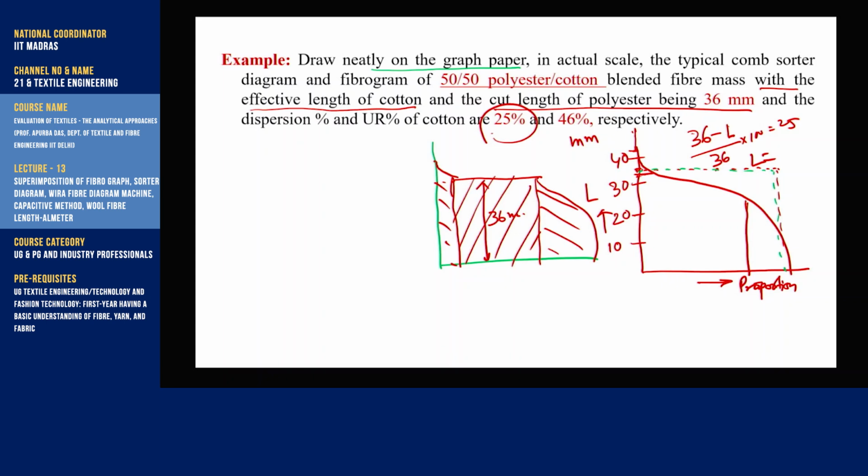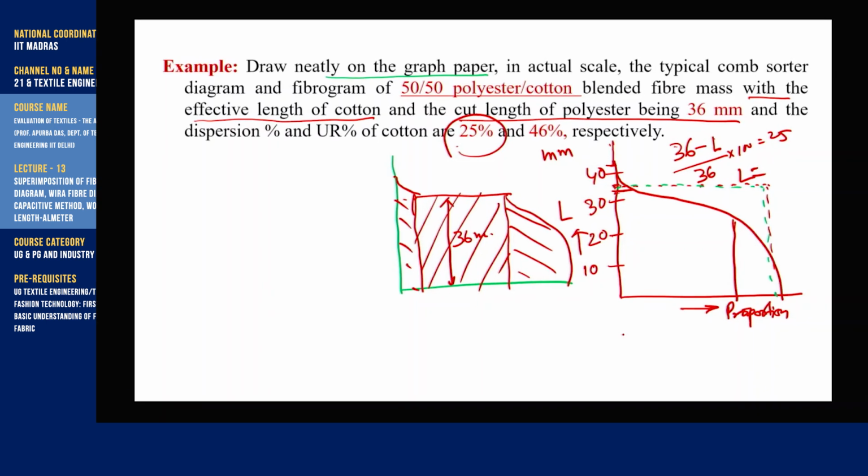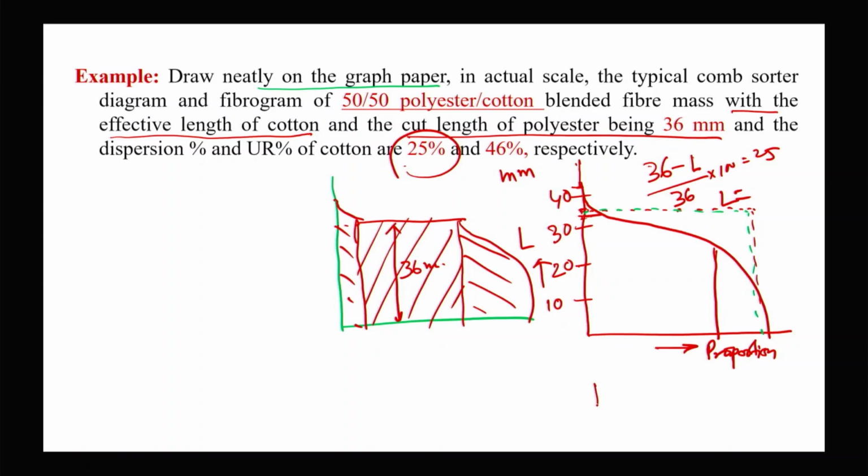So what will be the lower quartile? 36 minus L equal to 36 multiplied by 0.25. So L will be 27. We have to set the point here in this fashion so that it's 27.